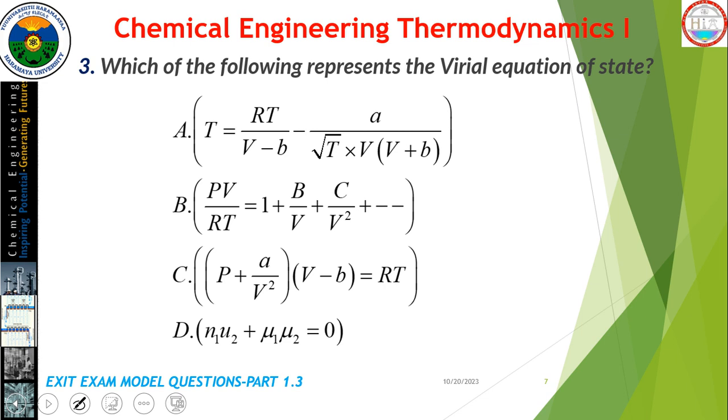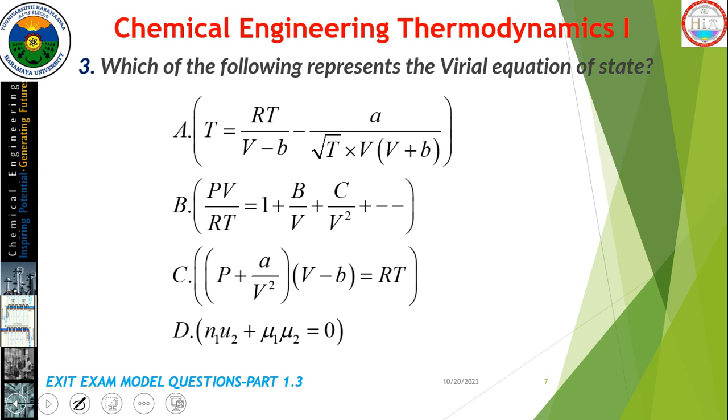C: P plus A over V squared in bracket V minus B equals RT. D: this one is the Duhem's equation, N1 mu1 plus N2 mu2 equals A.